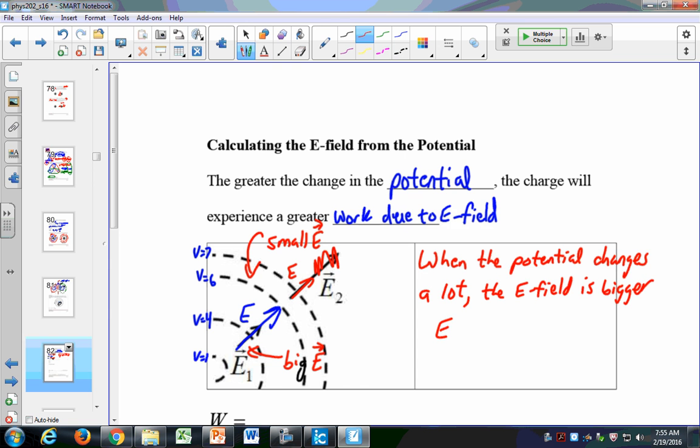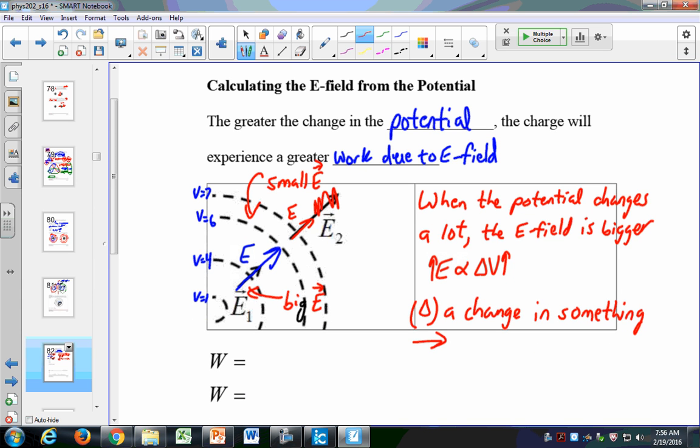That is to say that the electric field is proportional to a change in our voltage, or delta V, or difference in potential. If this is big, that means this is big. And I want you to remember that when I say a change in something, this delta, this should set off some alarm bells that we're talking about a derivative.